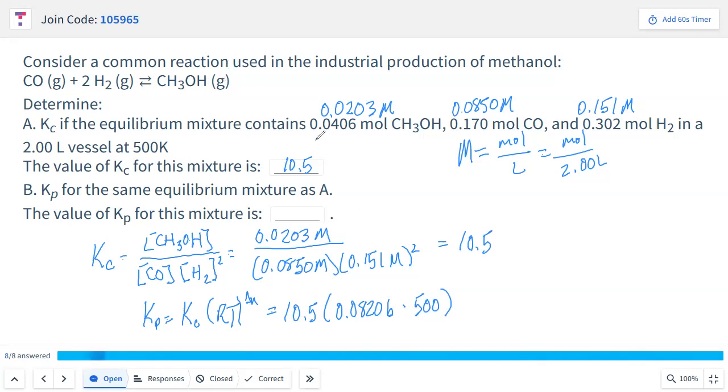This time, I have 1 product gas and 3 reactant gases. So my exponent here is not -1 this time, it's actually -2.